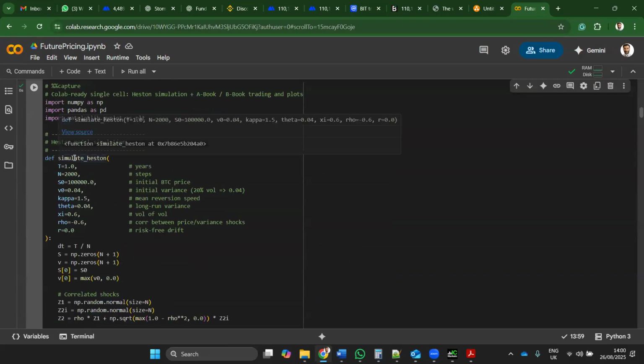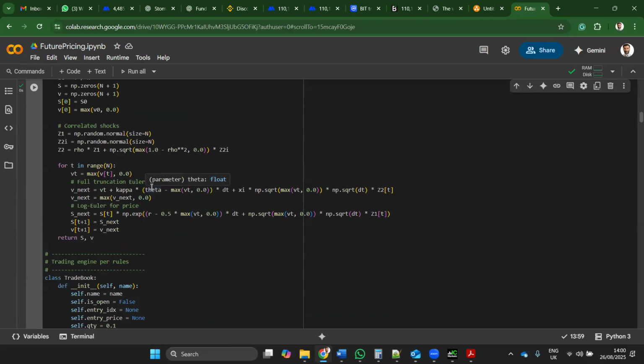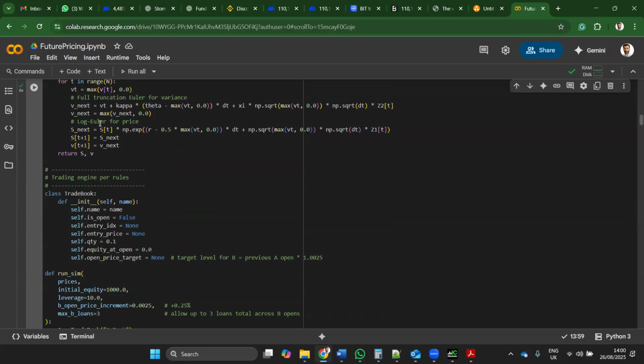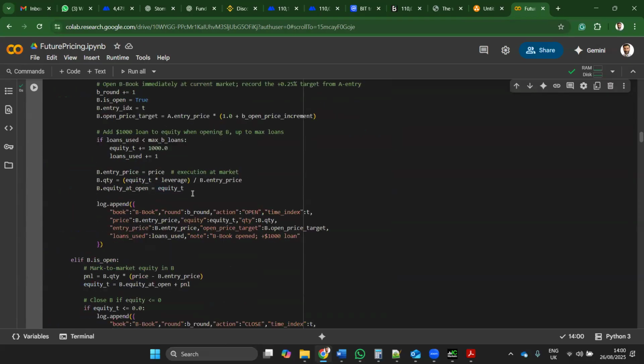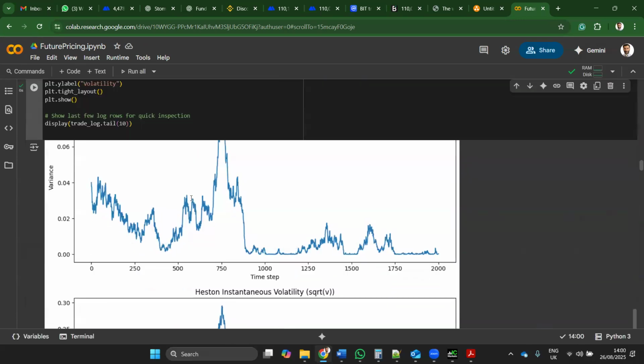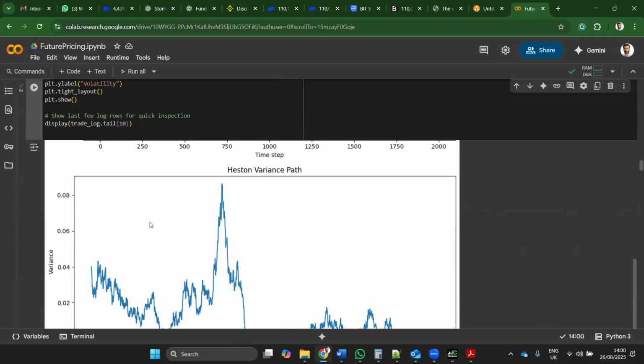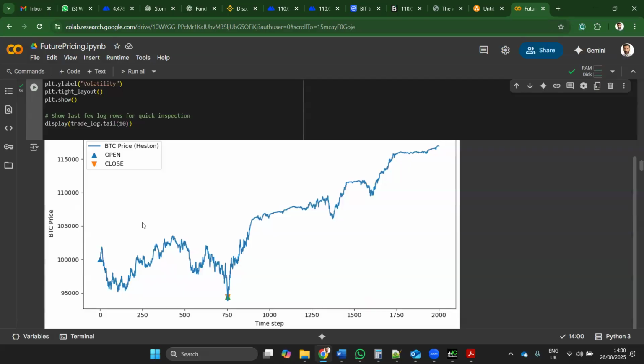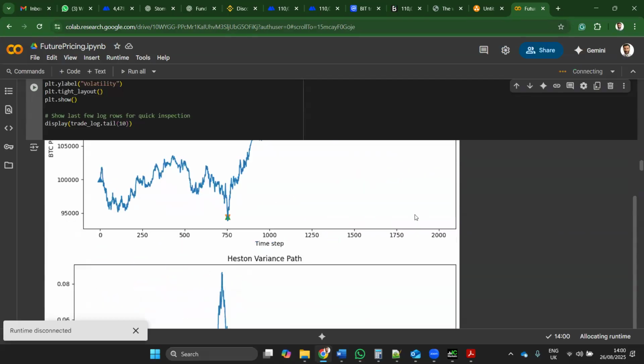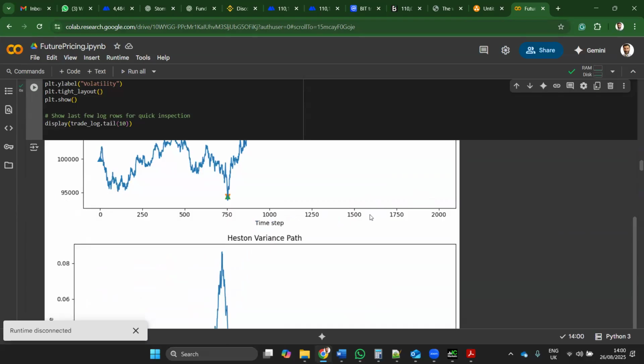By running it a million times, we can understand every time the trading is matched, the trading we simulate. So every time we run the code, we get a different BTC price. You see, every time we run, this is the variance, this is the BTC. Every time we run the code, the BTC price is different.